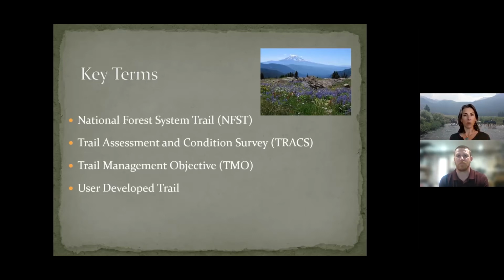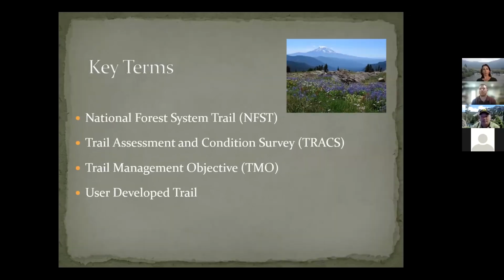I'm going to talk a little bit about that on another slide. And then user developed trail, that's a pretty basic thing. It's the opposite of a National Forest System trail. So a user developed trail is not one that we typically track in our NRM Infra database, and it's not something that we go out and maintain to any specific standards. It's typically an unauthorized trail that was just developed by people over time.